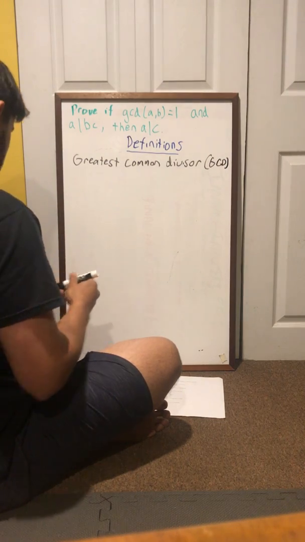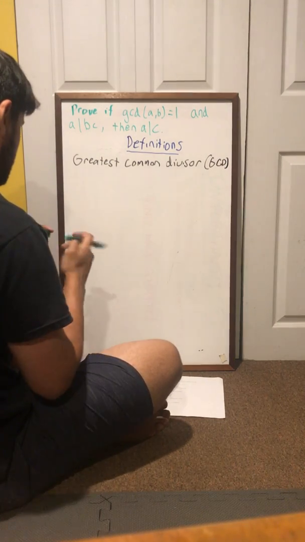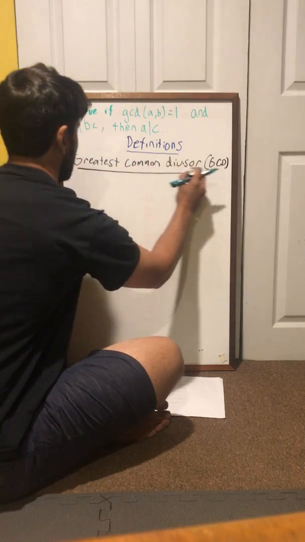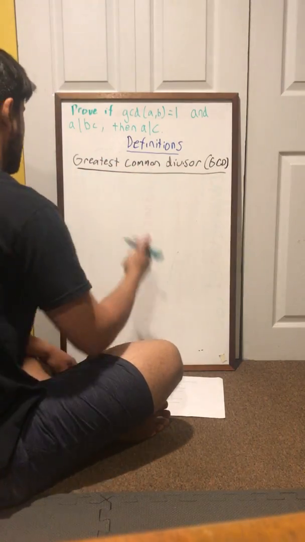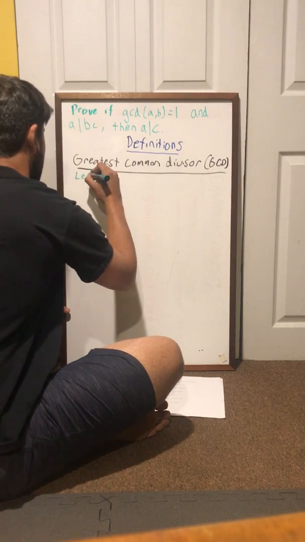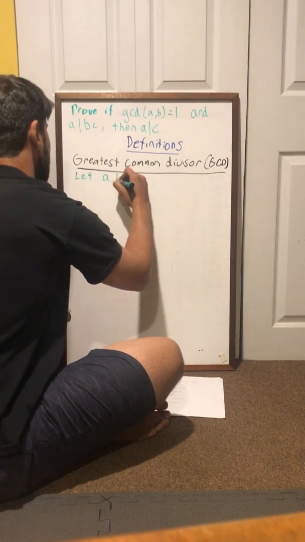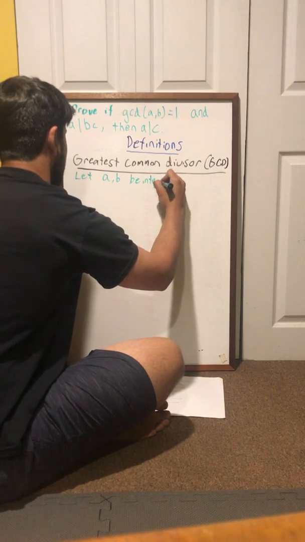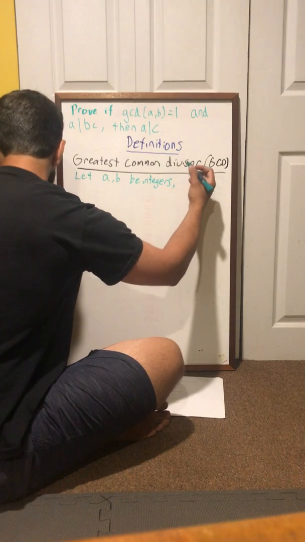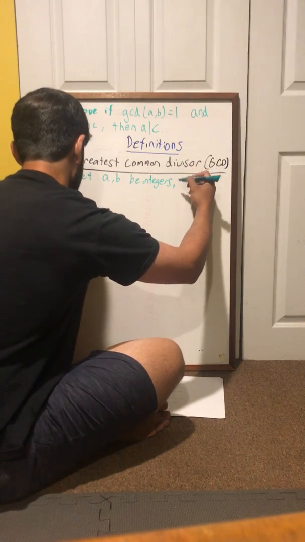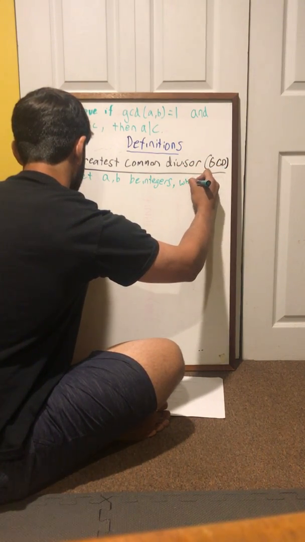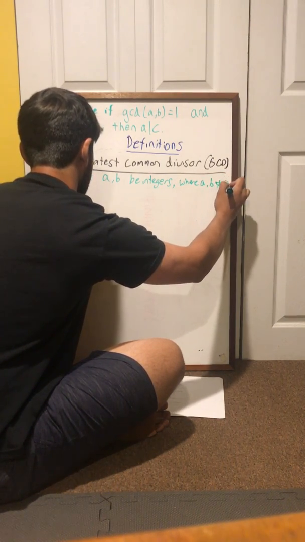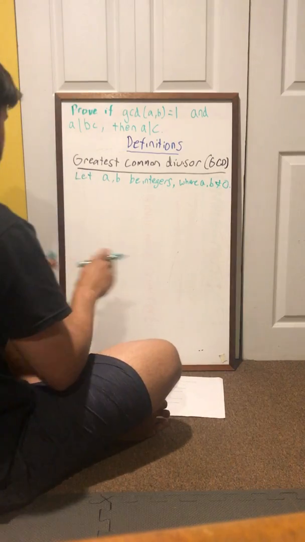Okay. So again, we're going to start similar to the last one. We're going to let A and B be integers, where A and B are not equal to 0. Okay?